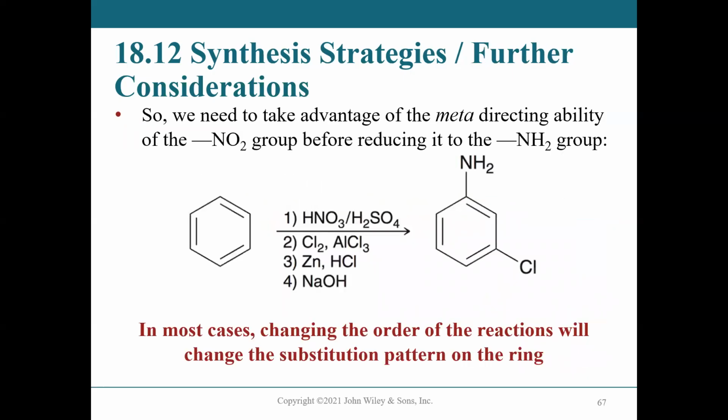So it says we need to take advantage of the meta directing ability of the NO2 group before reducing it to the NH2 group. Okay, so that's a smart idea. So in most cases, changing the order of the reactions will change the substitution pattern on the ring.